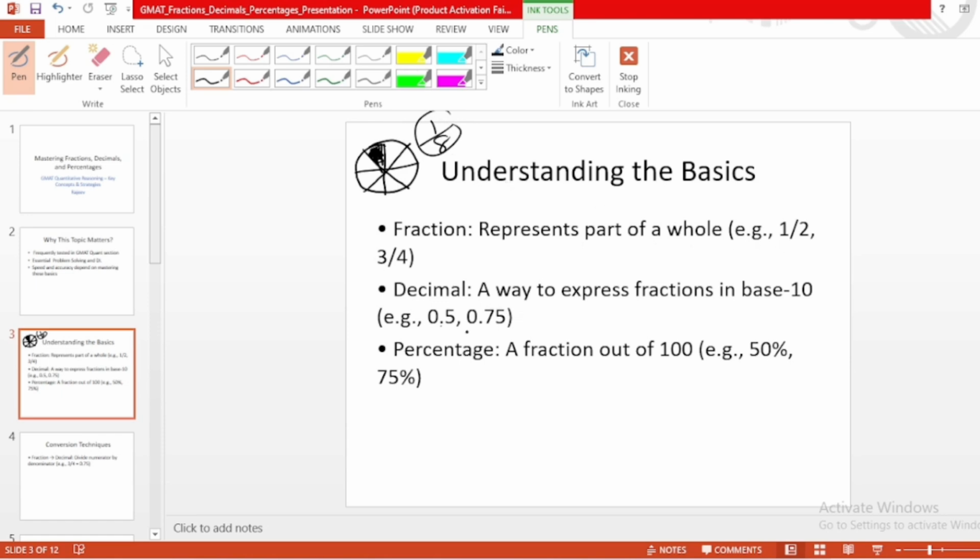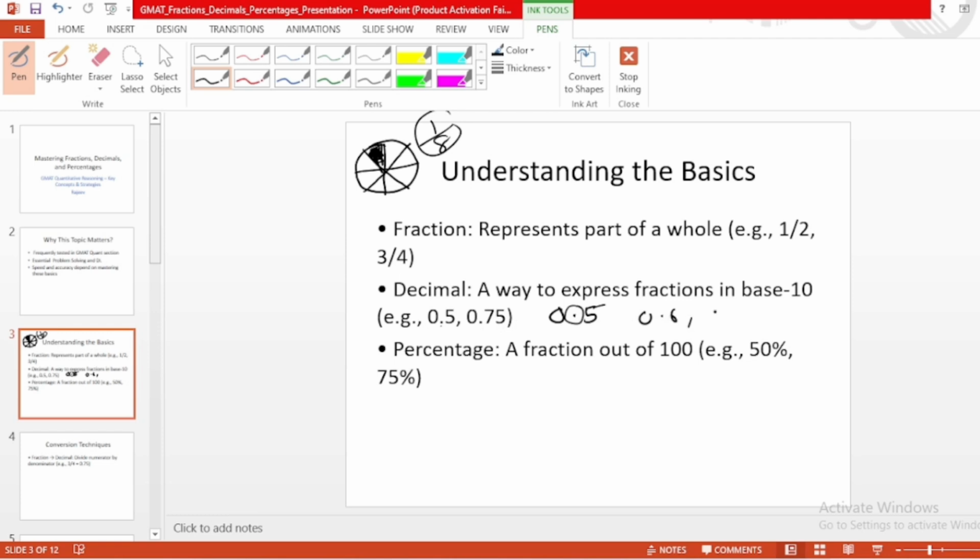Decimals are like this, 0.5. This is nothing but a decimal point here, 0.75. So friends, we can express it like this, 0.5. We see here the decimal point, the zero, like this, 0.6 etc. So numbers with decimal points.